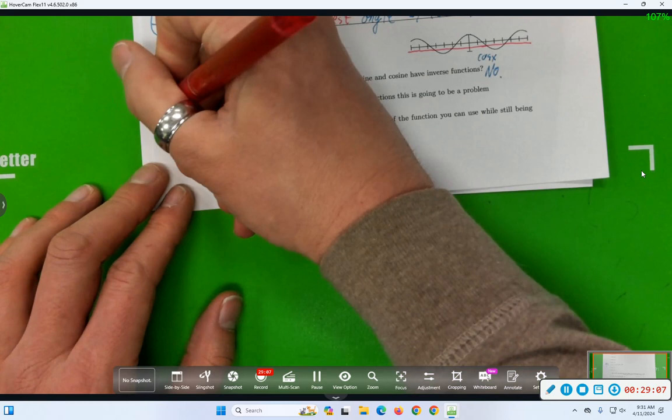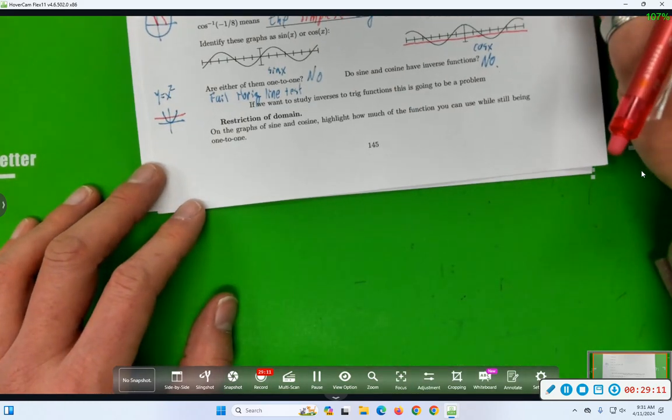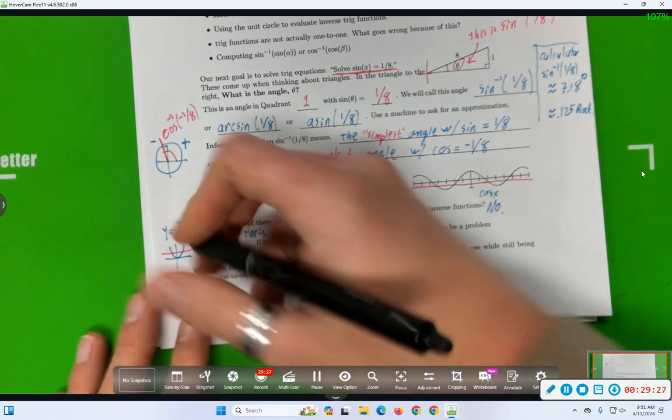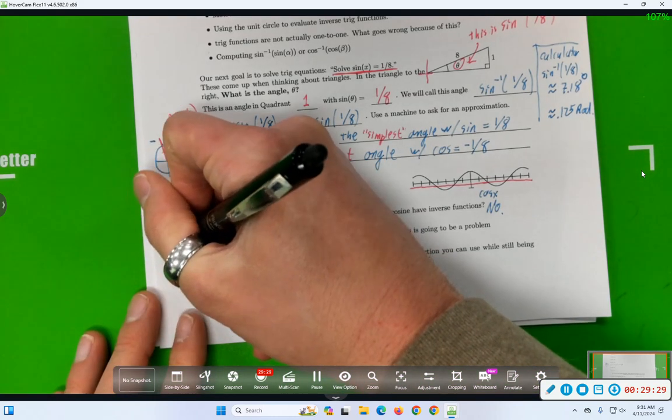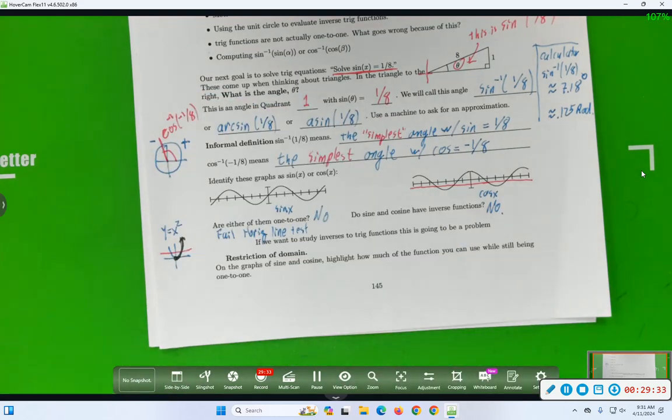Y equals x squared, does that pass the horizontal line test? Nope, there's a horizontal line which it intersects in 2 points. But if I ask you, what is the inverse to x squared, what do you tell me? How do you undo squares? Square roots. So, why is that? Well, the way that you get the square root function is you say, what if I only take that half of the squaring function, the bit that I just outlined in black, is that one-to-one?